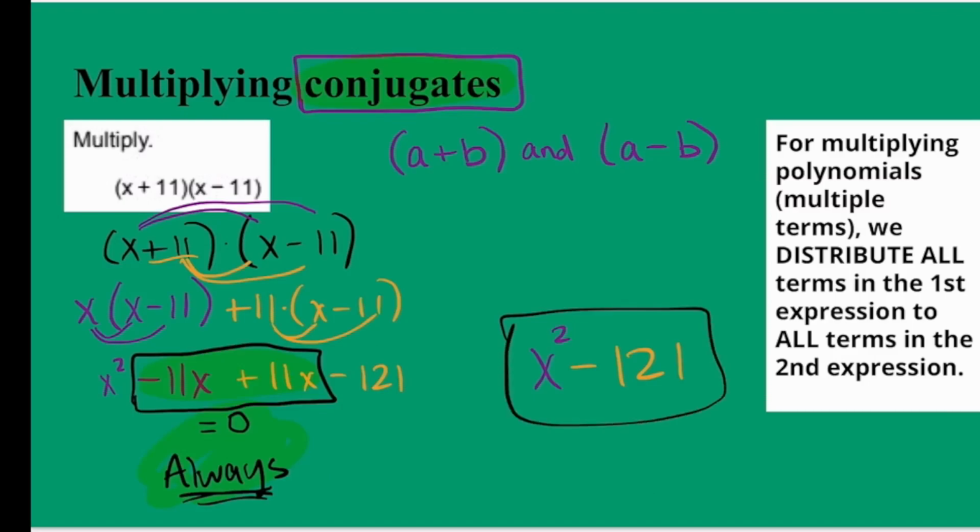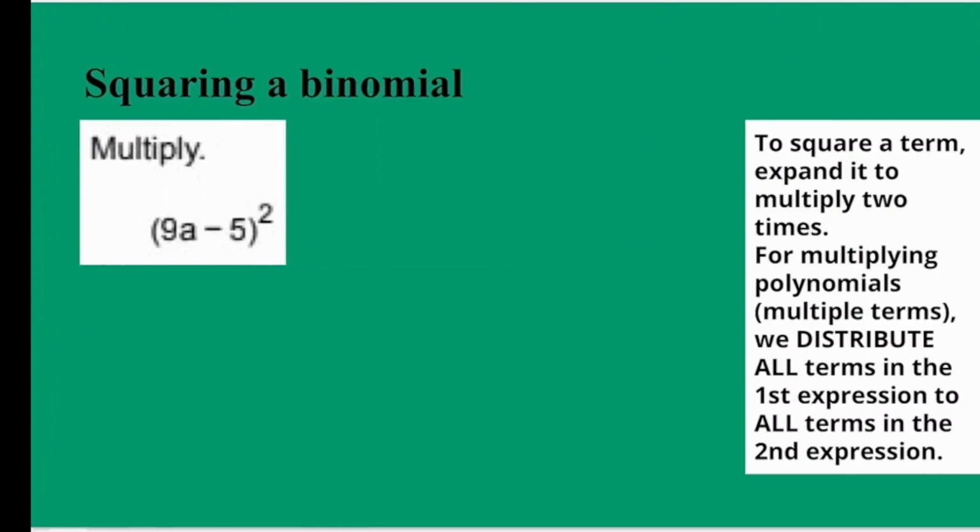So the last example I want to do is squaring a binomial. You have to take your time with these things. When you square something, it pretty much just means you're taking that expression in parentheses and rewriting it 2 times. 9a minus 5 times 9a minus 5.